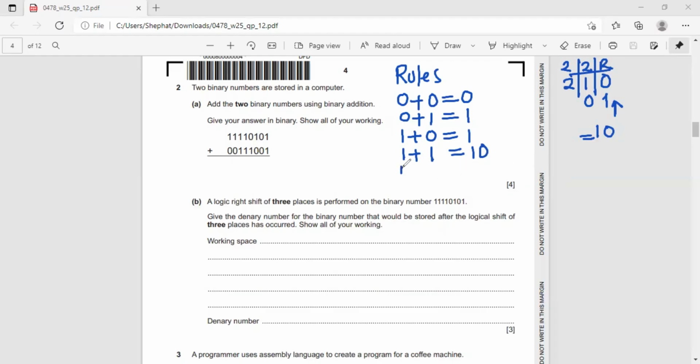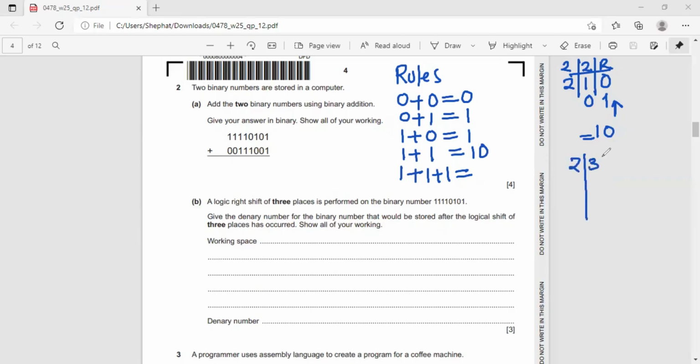What if we have 1 plus 1 plus 1? What is the answer? We know 1 plus 1 plus 1, that is 3. But in binary, we don't have 3. So how do we write it? Let's convert 3 to binary.